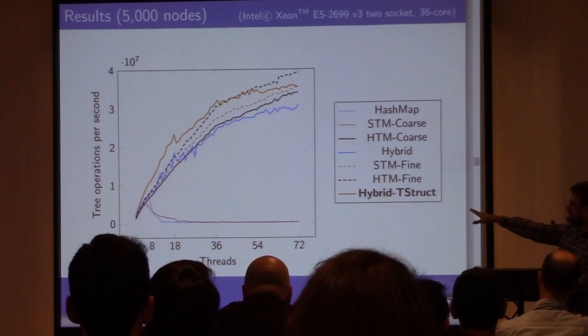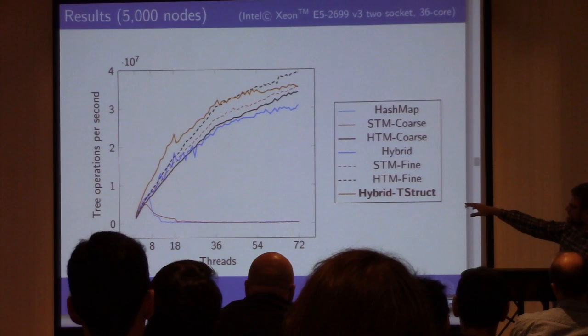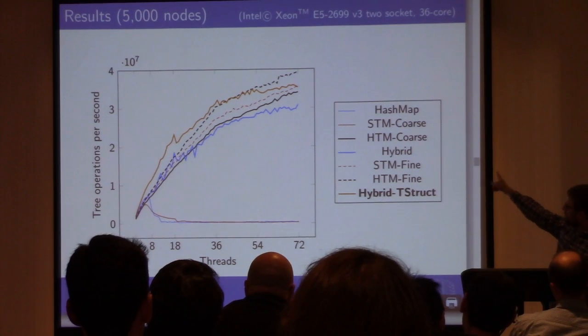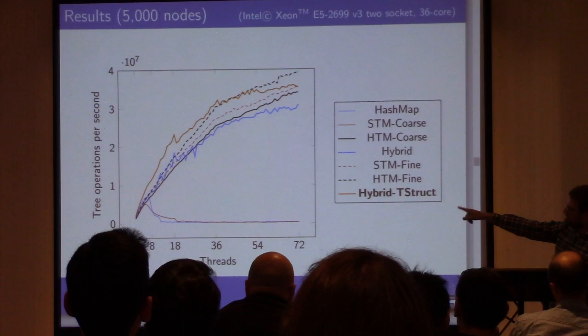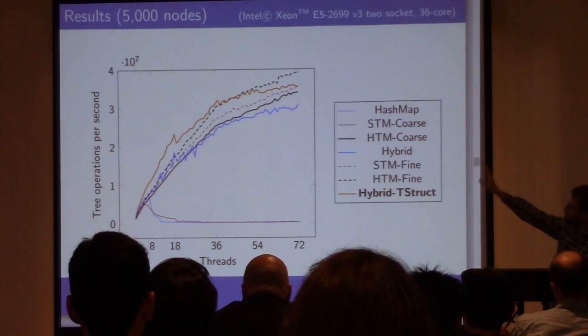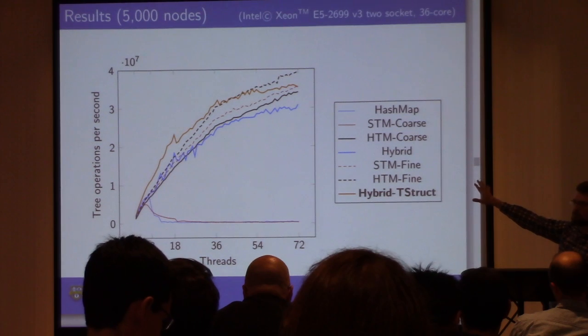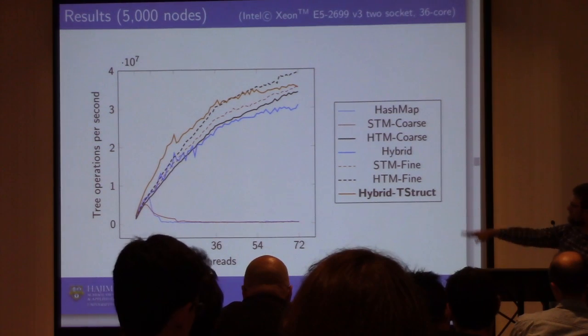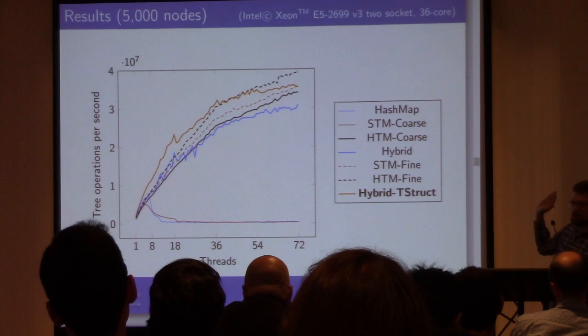So now we add the TStruct, and now we're outperforming unordered containers on low thread counts, and we're continuing to scale through what's reasonable for us to scale with hardware transactions, all the way through to where we get to hyperthreads.